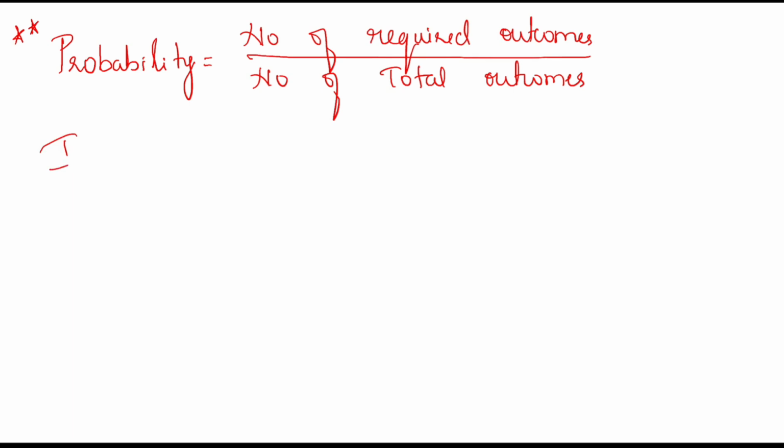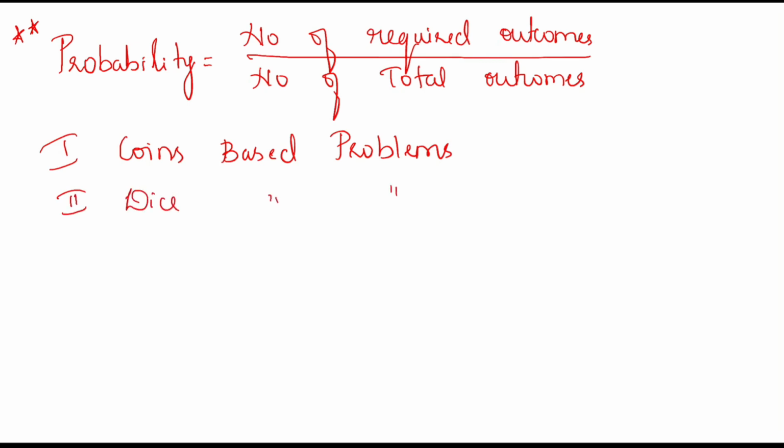So what are the different categories in which we can divide probability problems? That is coins based problems. In coins based problems we will have problems such as when a coin is tossed, when 2 coins are tossed, what is the probability of getting both heads, or both tails. Then we have dice based problems.